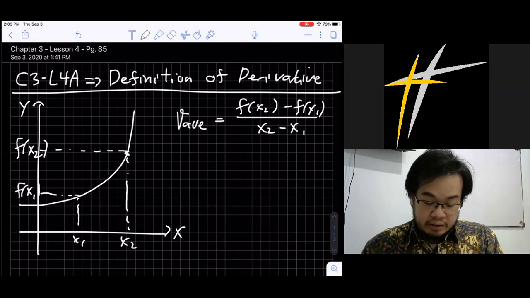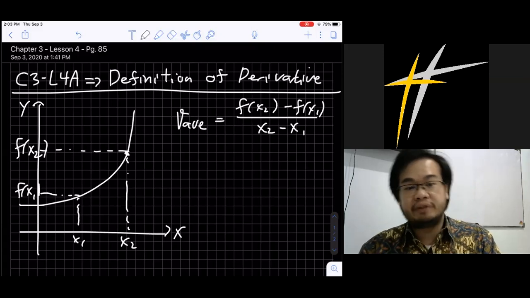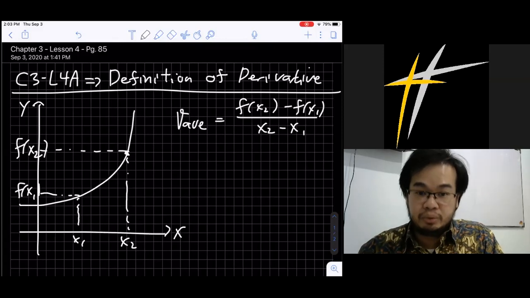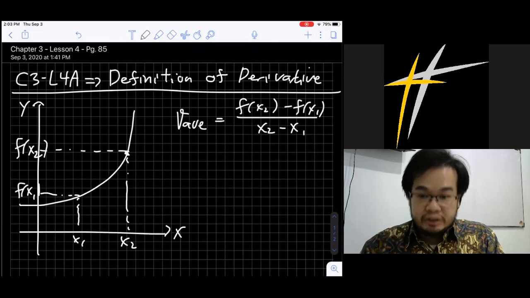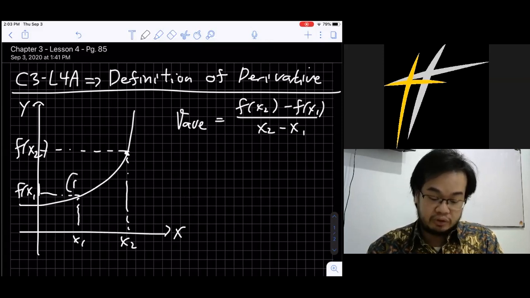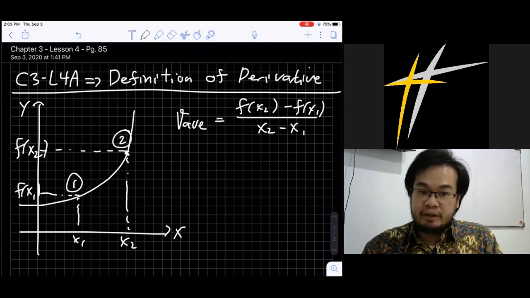Okay. Now that we have learned about limit, the definition of average rate of change is the rate of change of a value from the first condition to the second condition. So let's say that this is the first condition and this is the second condition. So basically we are trying to find the average rate of change from point 1 to point 2.